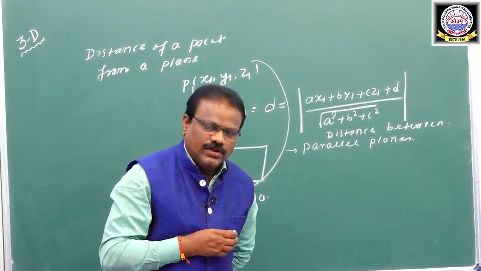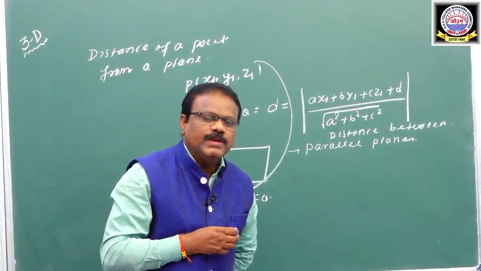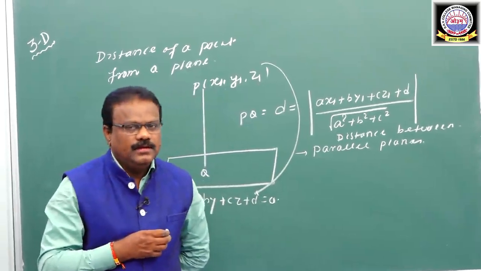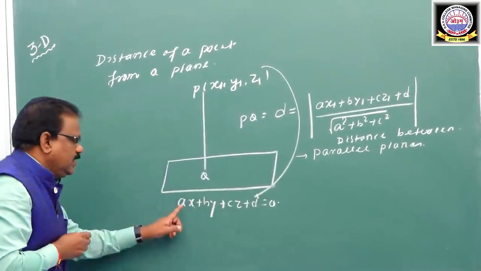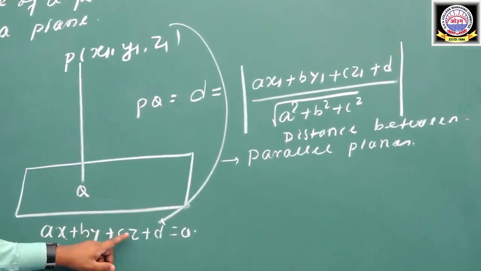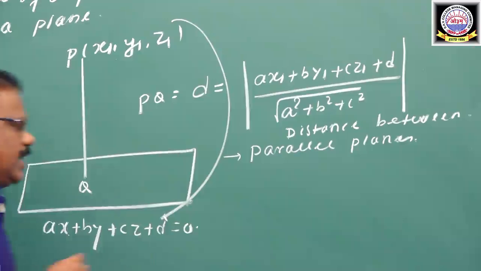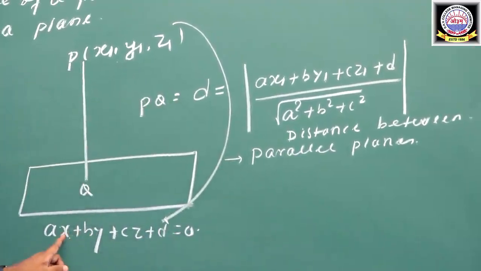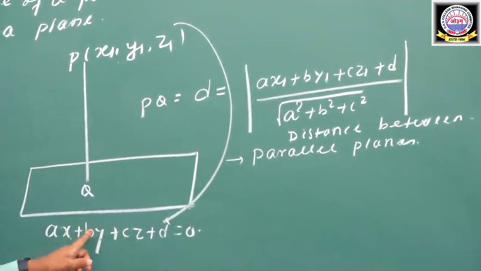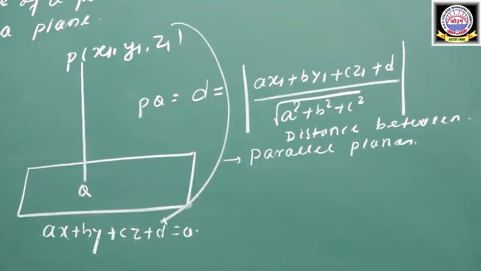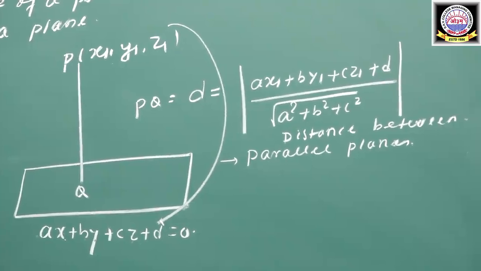If the perpendicular vectors of the corresponding planes are parallel. Perpendicular vectors means the coefficients of x, y, z, that is a, b, c. That means two planes are parallel if the coefficients of x, y, z are either equal or proportional.